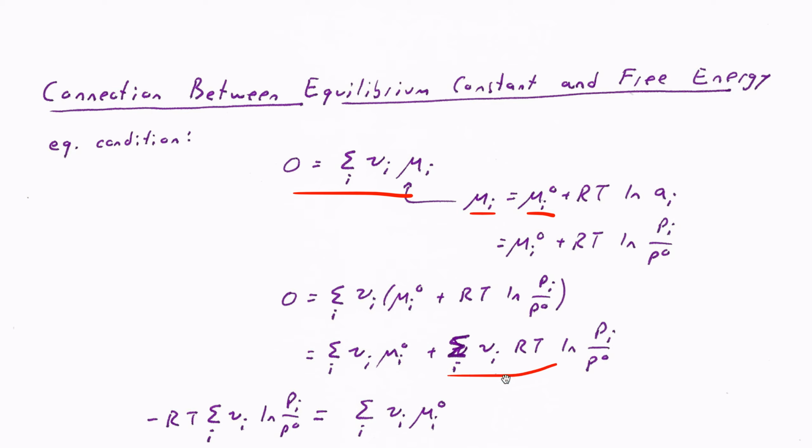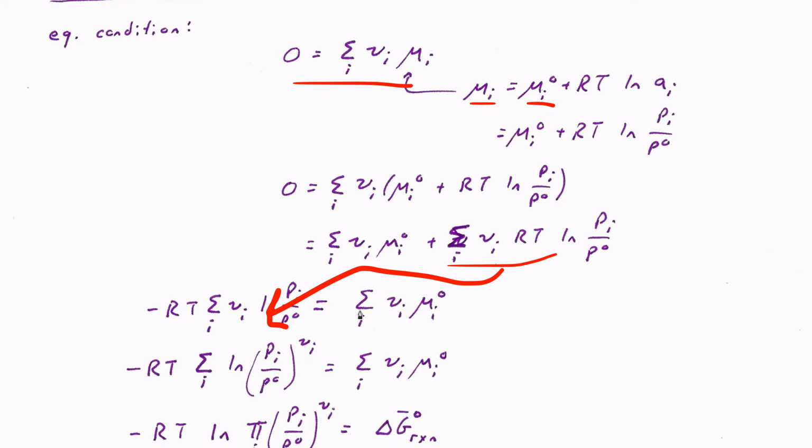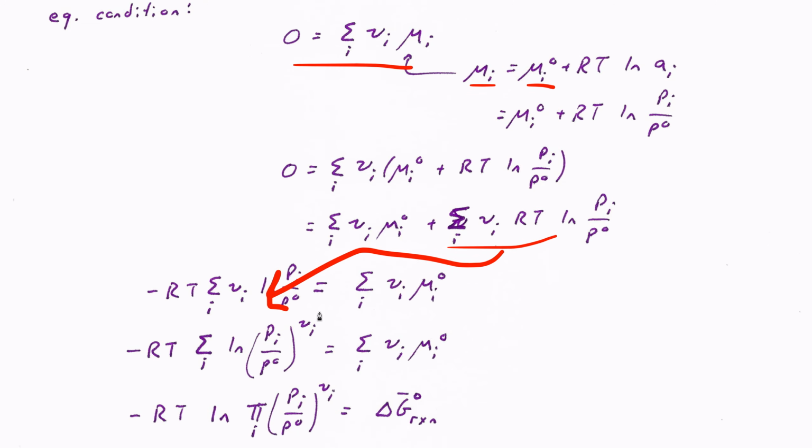If I take this term and move it to the other side of the equation, then, pulling the RT out of the sum, I've got negative RT times the sum of the stoichiometric coefficients times log of P over P naught. A constant nu times a log is equal to the log of the quantity raised to the nu power.